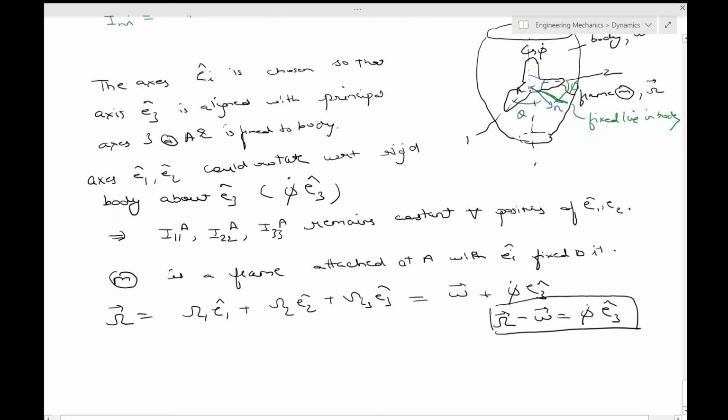Now omega is also a vector, and it can be written as omega_1 plus omega_2 plus omega_3.